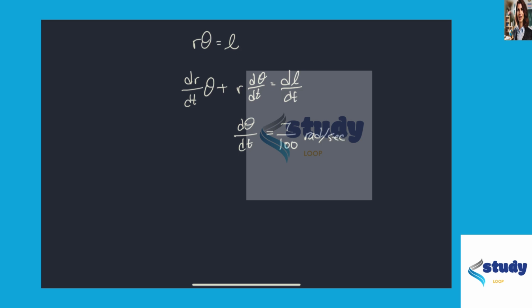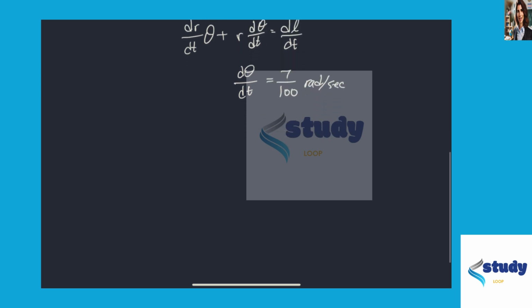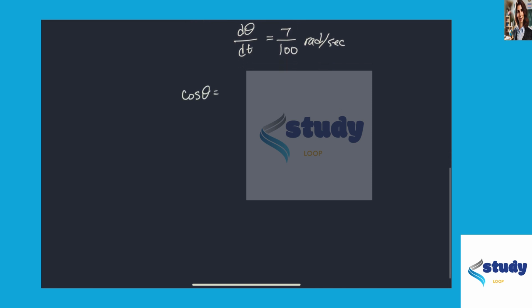So with this in mind, we now need to find theta. So we'll go back to our cosine law and plug in important values. We'll have that the cosine of theta is equal to c squared minus b squared minus a squared over 2ab.